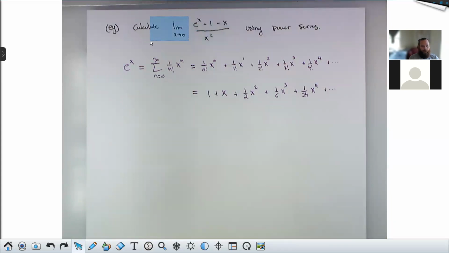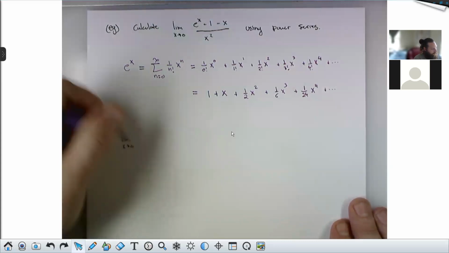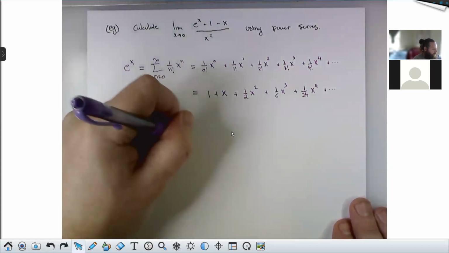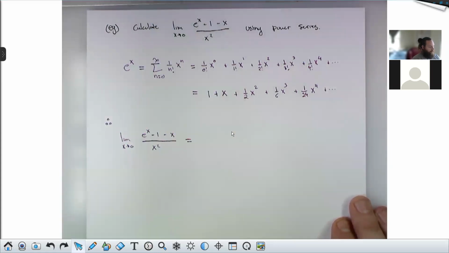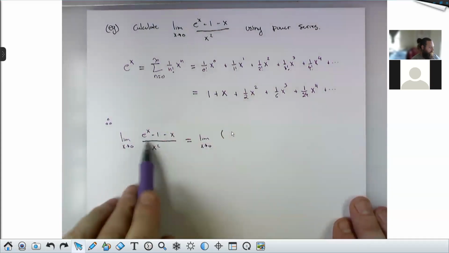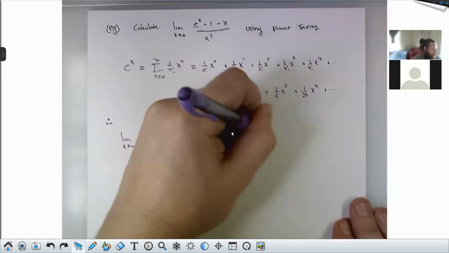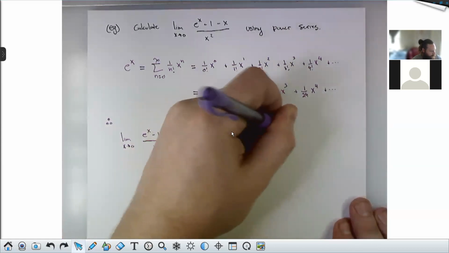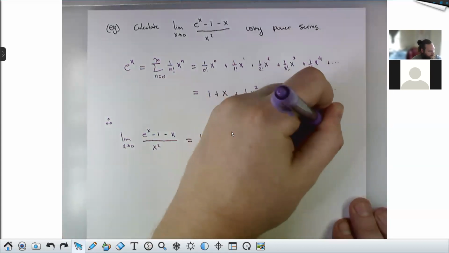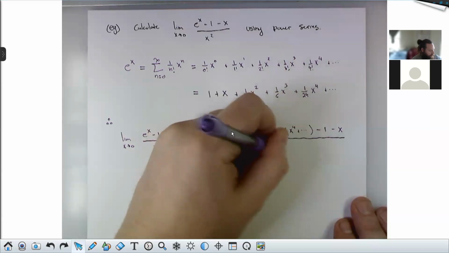And we want to make sure to write the whole fraction with our limit up front when we do this. So we can say, therefore, the limit as x goes to 0 of e to the x minus 1 minus x over x squared is equal to the limit as x goes to 0 of, I'm going to put in parentheses here for this e to the x, this expression: 1 plus x plus x squared over 2 plus x cubed over 6 plus x to the 4 over 24 plus dot dot dot, minus 1, minus x, over x squared.